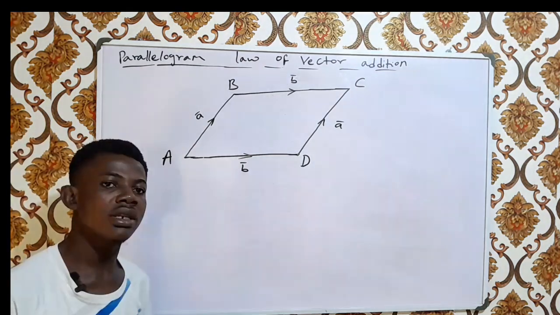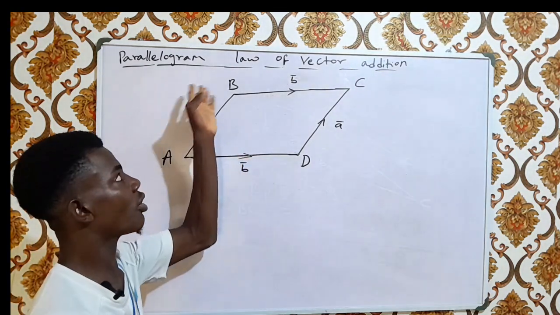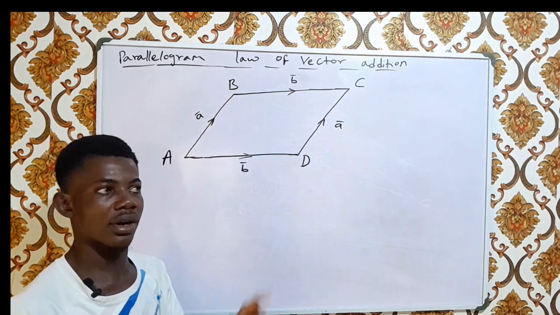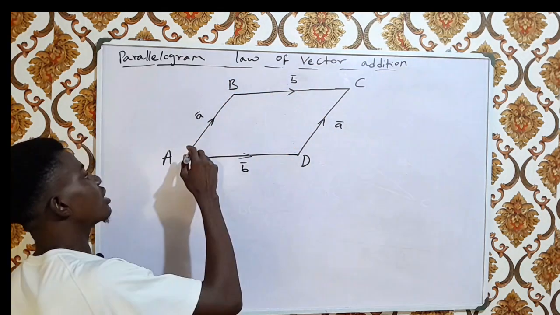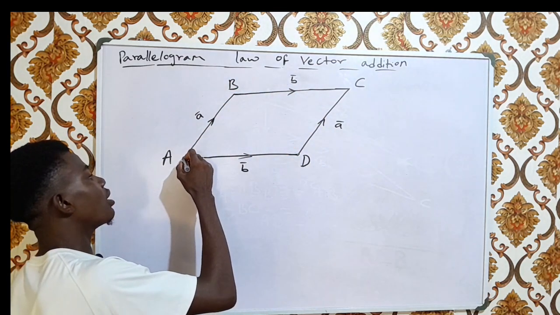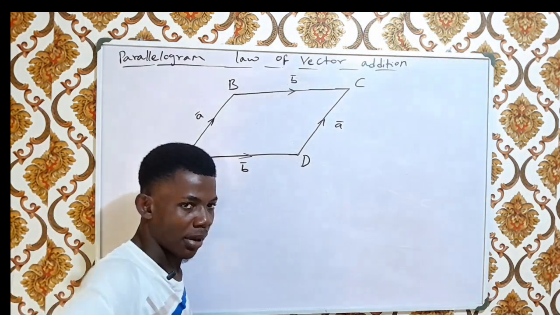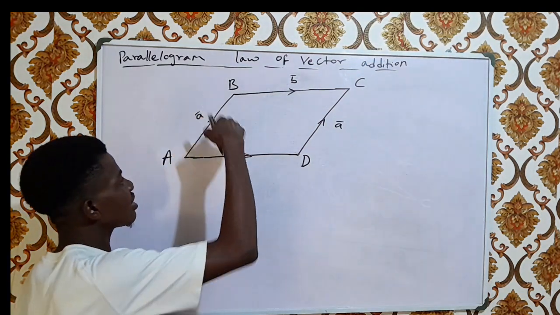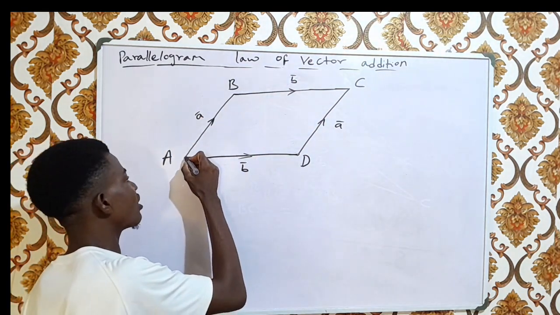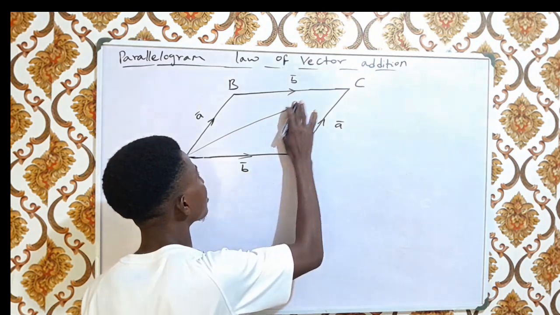Now, from the law of vector addition under parallelogram, it states that the resultant of two vectors is the diagonal of the parallelogram whose adjacent sides are the two vectors. Now, this is the diagonal.